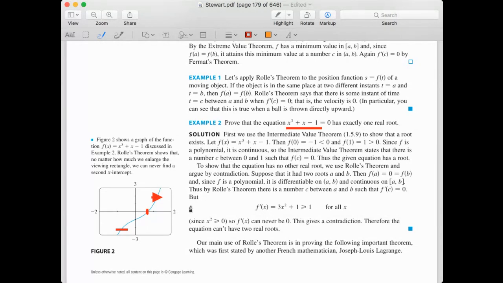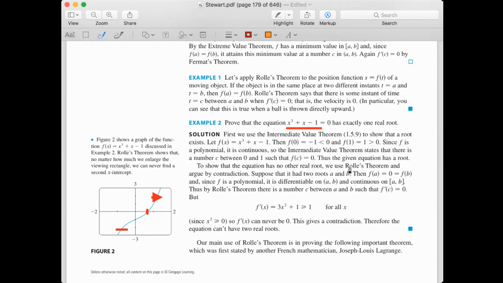The function value is 0, because root means x-intercept, which means the y value is 0. So we don't need a derivative at all. So using the intermediate value theorem, we can prove there's a root for this equation.